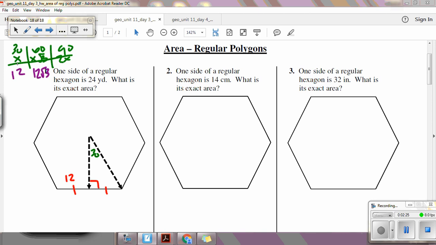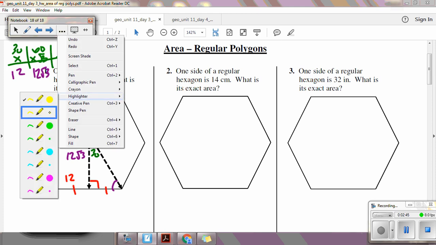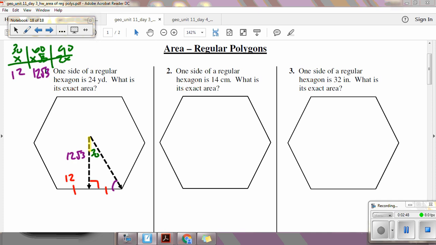Across from 30, slide it over and attach a root. So 60 would be this angle right here. So across from 60, I would expect to see 12 square root of 3. And this line represents my apothem. So the length of my apothem is 12 root 3.